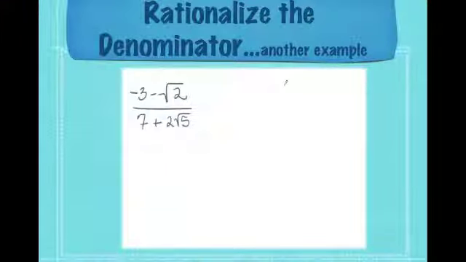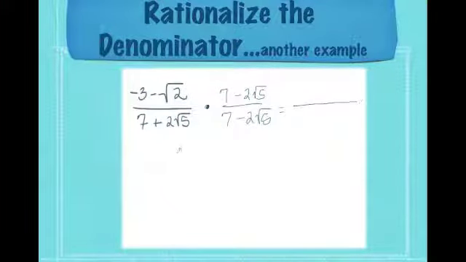Here's another example. This one, I'm going to have to multiply by 7 minus 2 square root 5. So in the top, I'm going to make my little box for that.